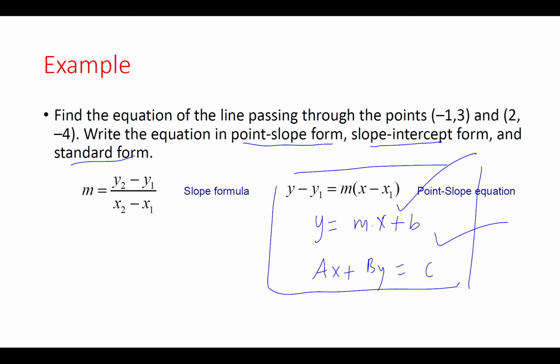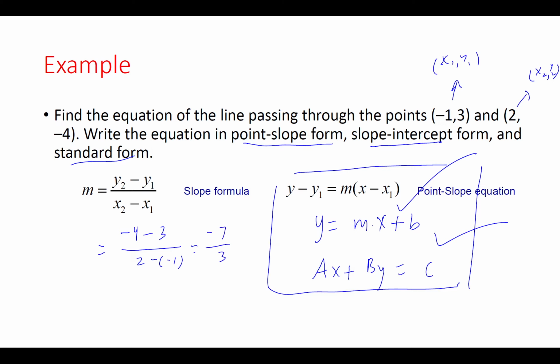Okay, so to write down these three different forms, start with the first one, slope and point slope form. So you already have the formula for slope, which is y2 minus y1 over x2 minus x1. In this case, let's assume that this is our x1 y1 and this is our x2 y2, and plug in the value of y2, which is -4, and the value of y1, which is +3. X2 is 2 and x1 is -1, so that's -7 over 3.